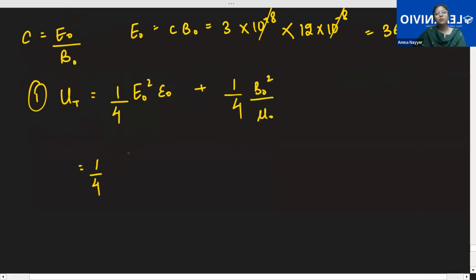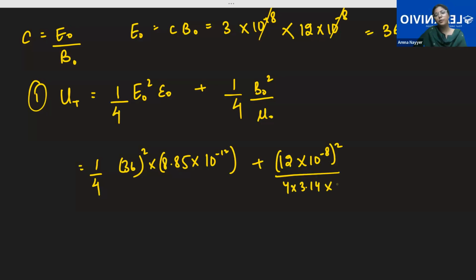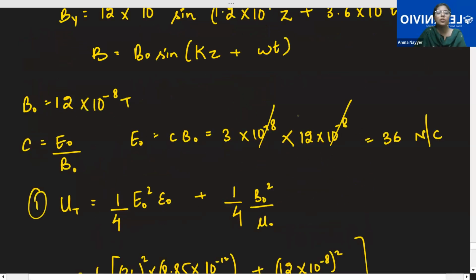E naught square will be 36 square into 8.85 into 10 to the power minus 12 plus B naught square, 12 into 10 to the power minus 8 whole square, by 4 into 3.14 into 10 to the power minus 7. You can solve this and see whatever it is, that will be the energy density. Write joules per meter cube, because energy density is actually energy per unit volume.